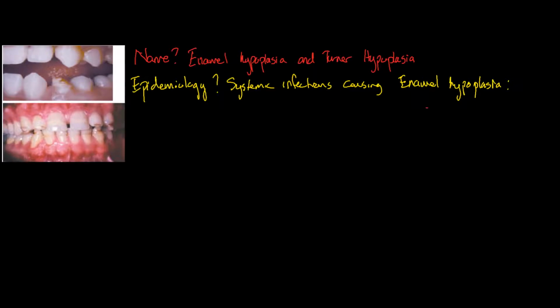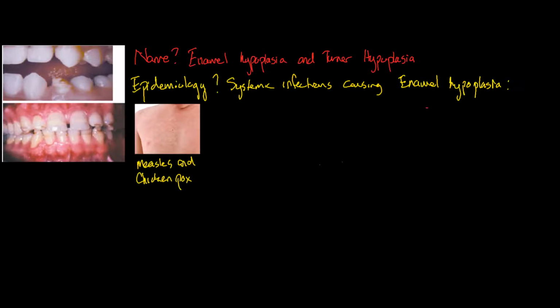It is the systemic infection causing enamel hypoplasia. Hypo meaning less, plasia meaning the development of cells. This is seen in diseases such as measles and chickenpox. Measles and chickenpox are related, which we will talk about in another video.